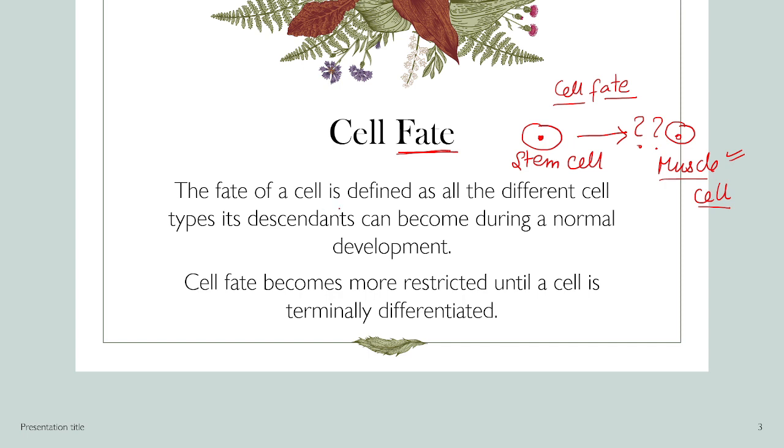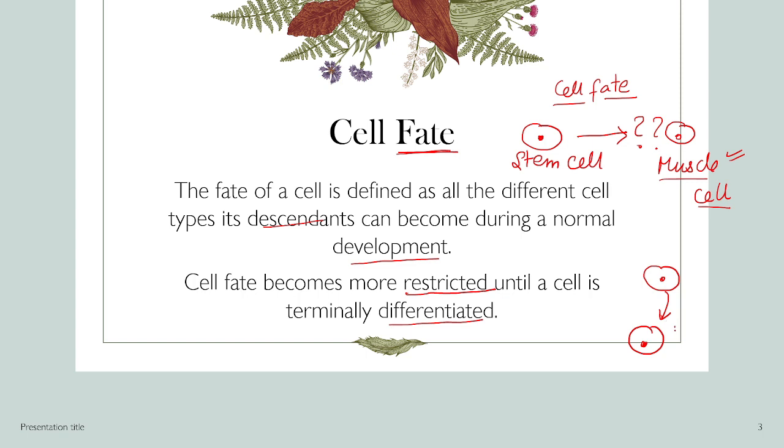The fate of a cell is defined as all the different cell types its descendants can become during normal development. Cell fate becomes more restricted until a cell is terminally differentiated. जब तक सेल टर्मिनली डिफरेंशिएटेड हो जाता है, तब उसकी जो फेट है वो और भी रिस्ट्रिक्टेड हो जाती है.